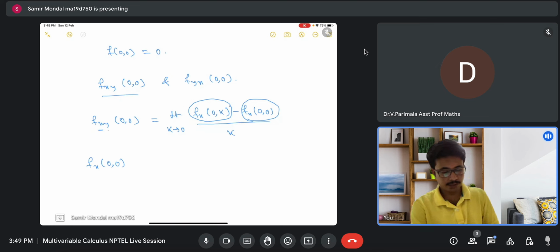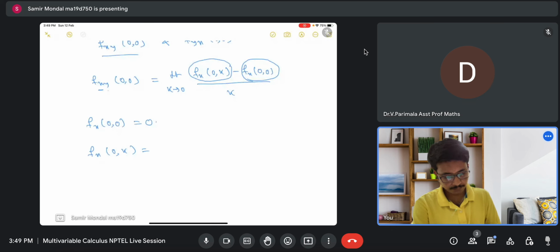And what will we get for f_x(0,k)? Limit h tends to 0, f(h,k) minus f(0,k), divided by h.